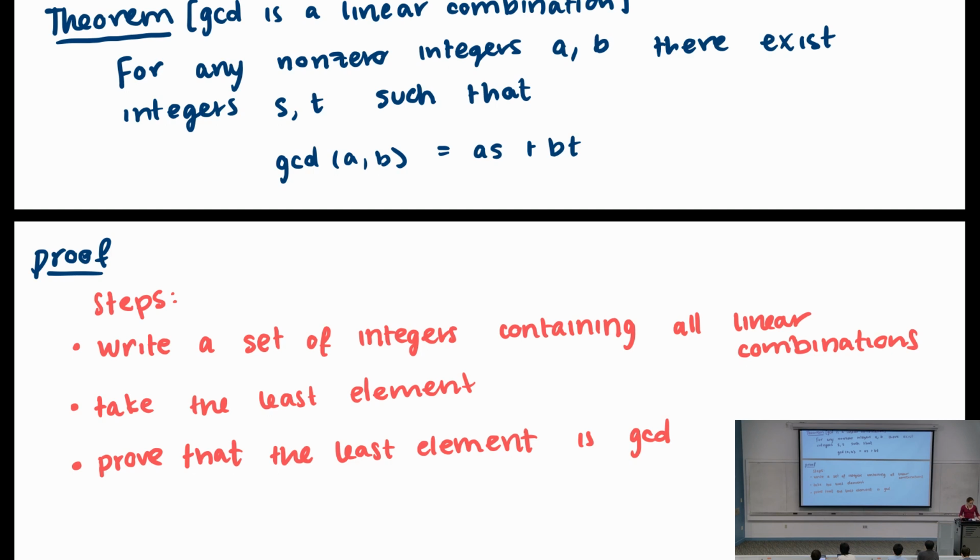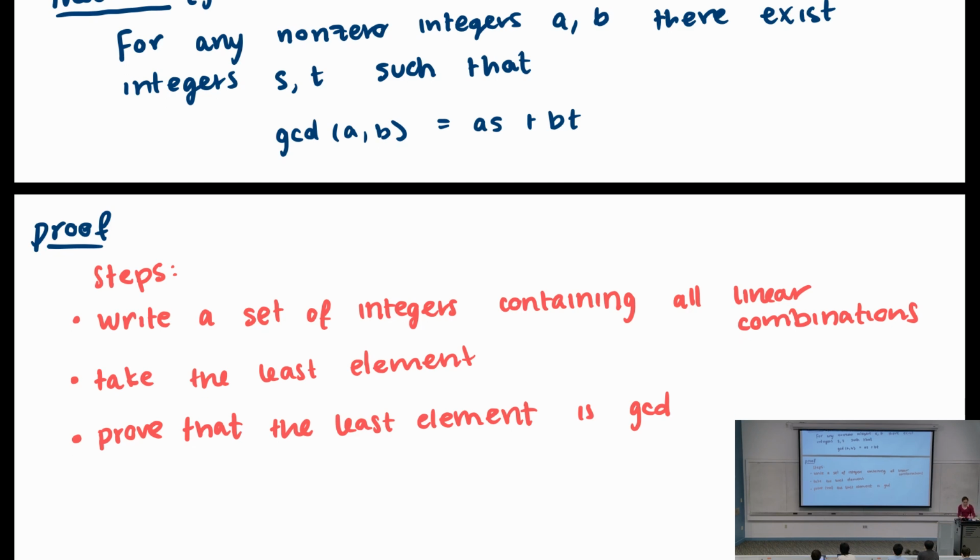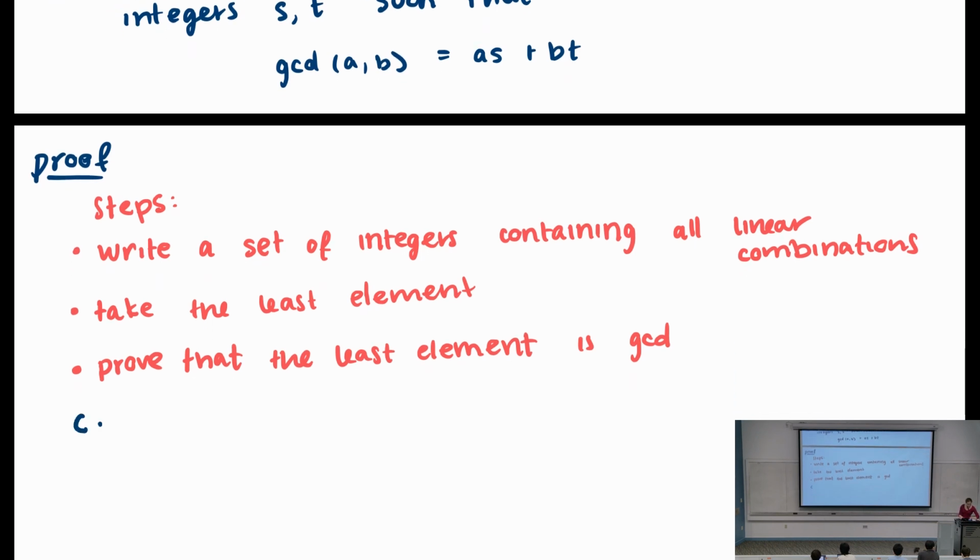Okay, so let's write down this set. So we'll consider the set S, which is the set of all possible linear combinations.